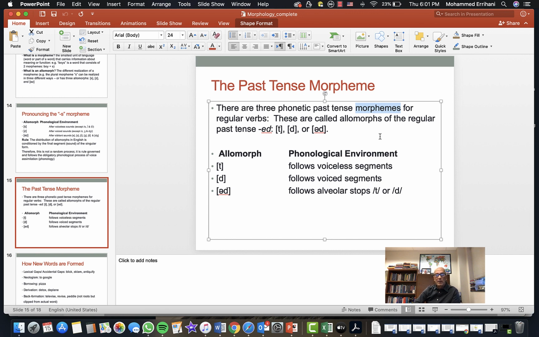For instance, opened. If it follows an alveolar stop, t or d, and these are the only two, anytime a past tense morpheme follows t or d, it's pronounced id. For example, wanted, needed, etc. Okay?